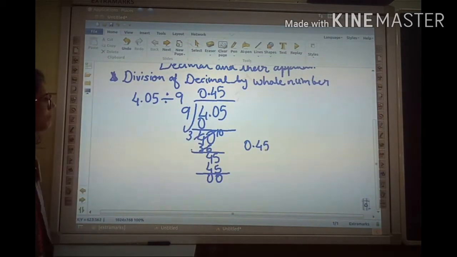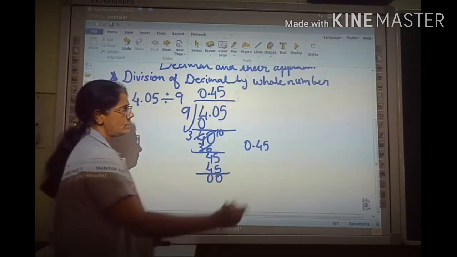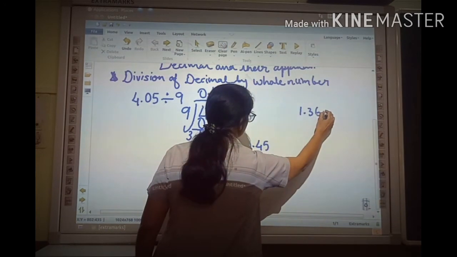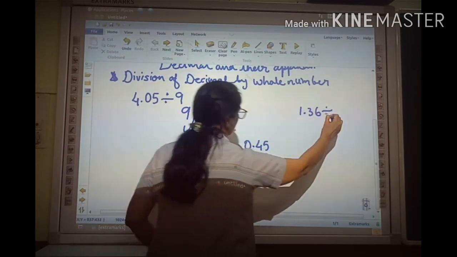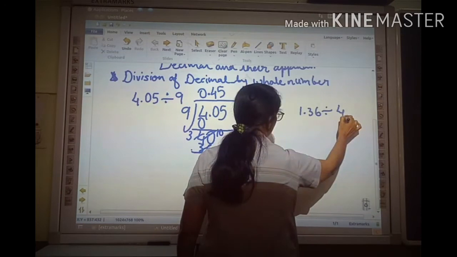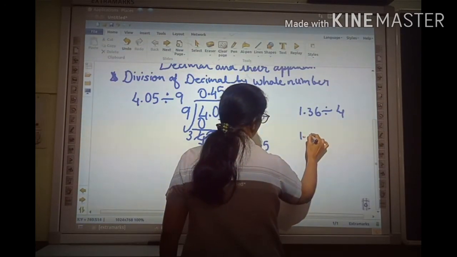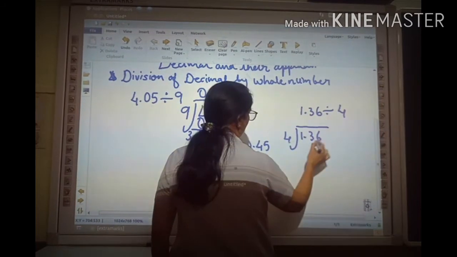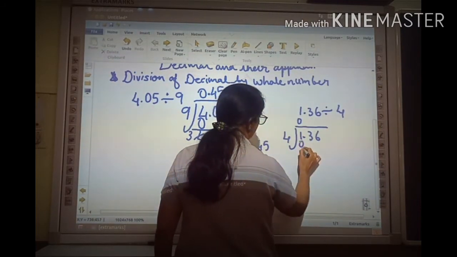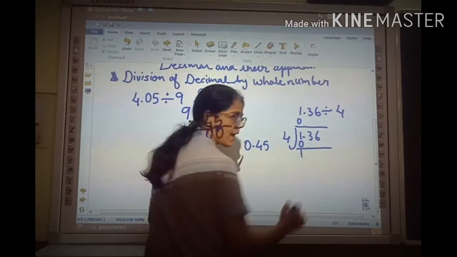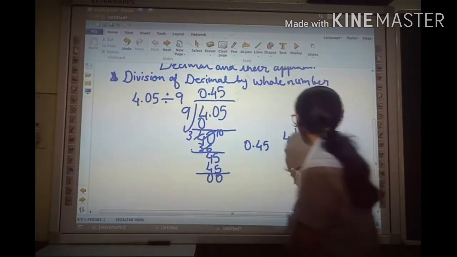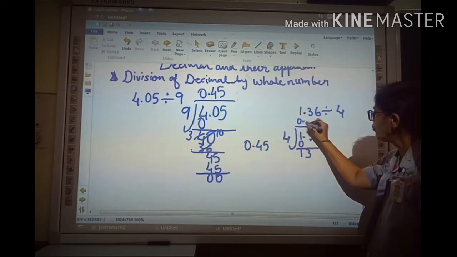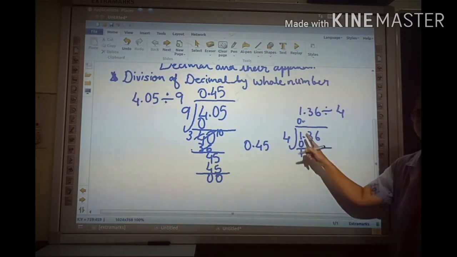Understand? For another example, if I give you here 1.36 divided by 4. 4 zeros are 0. So 1 we will get as it is, right? Now 3 I have to take down. So before taking the 3, what I have to do here? I have to place the decimal.